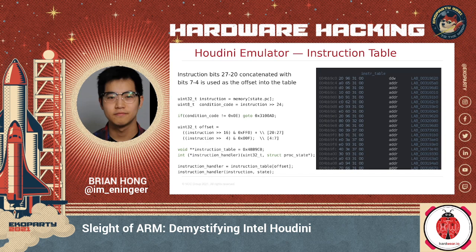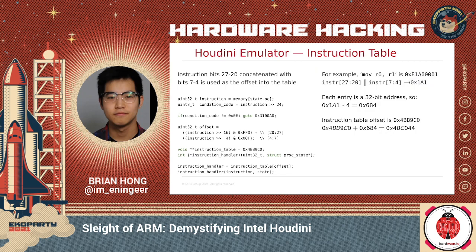And once it determines that the current instruction should run, it combines bits 20 to 27 and 4 to 7 to form an entry index into this instruction handler table shown on the right, which is filled with function pointers to different instruction handlers. For example, for the instruction move R0 R1, there's a calculation, and we get an entry index of 0x181.